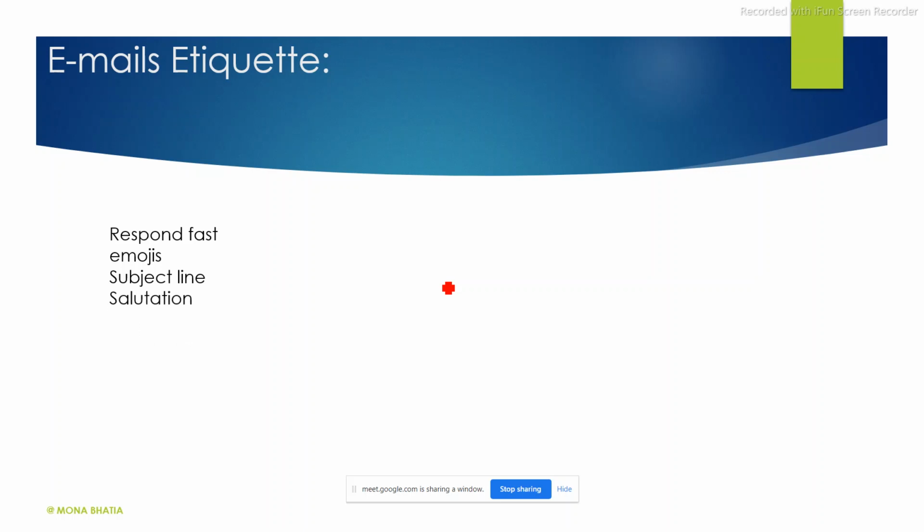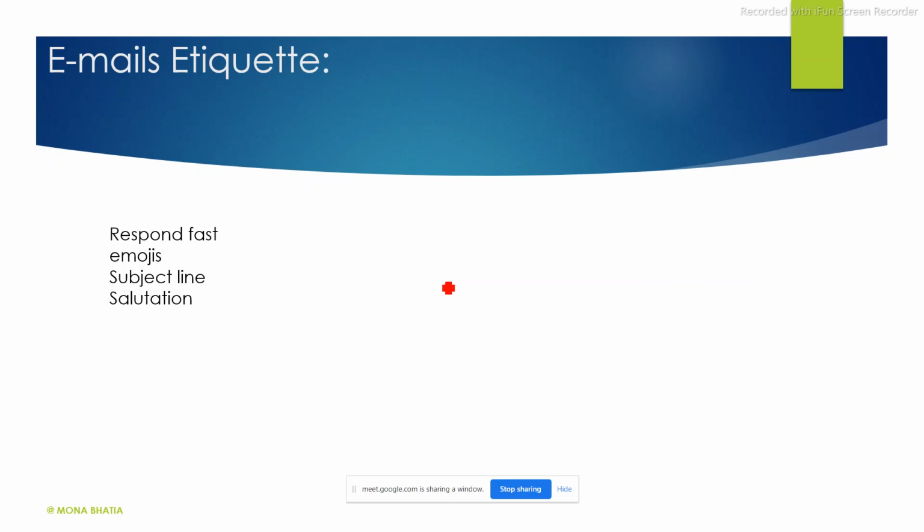Next point is salutation. Now, depending on your relation, it is always advisable when you are writing an email to your senior to write respected sir or respected ma'am. Okay, but when you are writing to your colleagues who are at the same level, then you can also write dear. Okay, so this gives a personal touch to it.